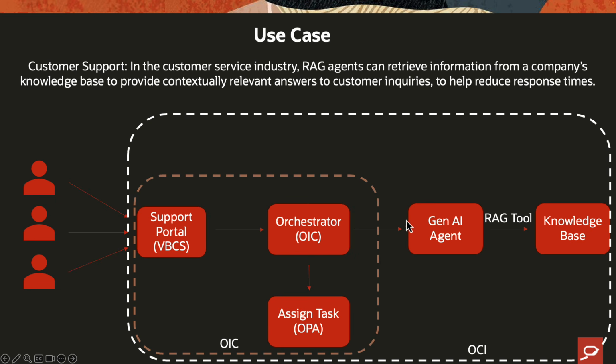And then, just like shown in this demo, the agent can also add more tools and interact with them to provide a better answer to the support request coming from a user. But in this case, we will just be focusing on the RAG tool.